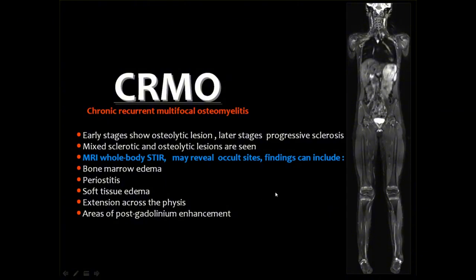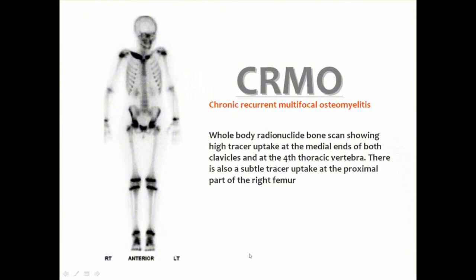The findings at whole body MRI include bone marrow edema, periosteal reaction, soft tissue edema, extension across the physis, and areas of contrast enhancement.